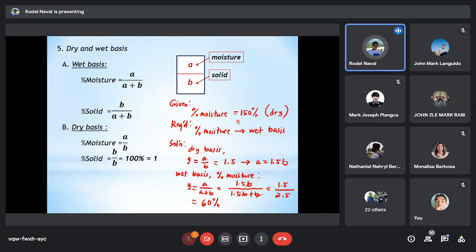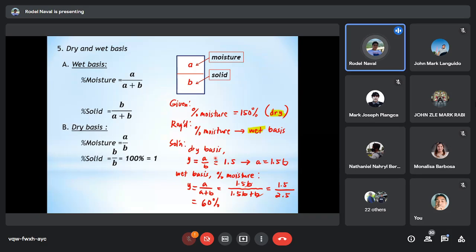So, I have here the class example. Given percent moisture 150%, dry, meaning dry basis. What is required is percent moisture wet basis. What was given is dry, what we are looking for is wet.